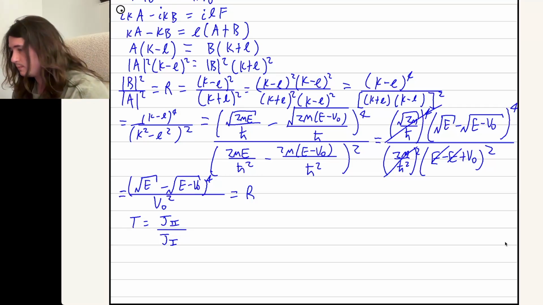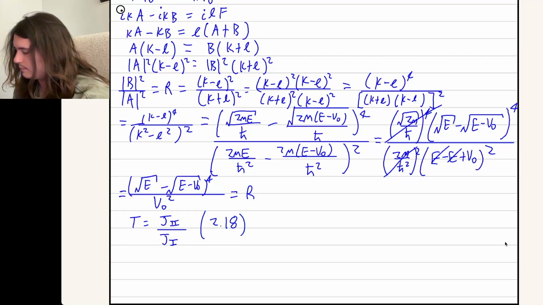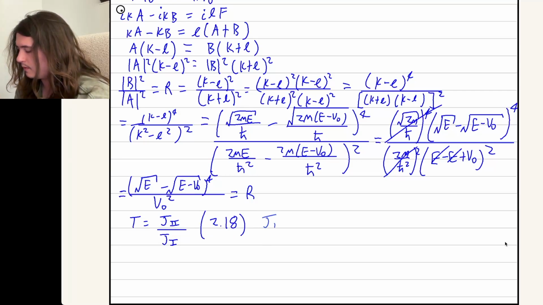Griffiths alludes to problem 2.18 for a reason in this part of the problem. So do go watch that video. It's the same sort of calculation, and you find that J2, given the wave function that it is, is just mod F squared times h bar k, or h bar l, because there's an l in the exponential for this one, over m.